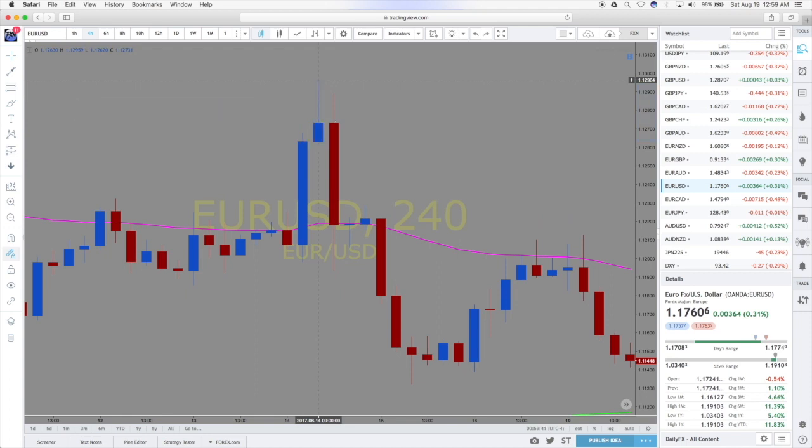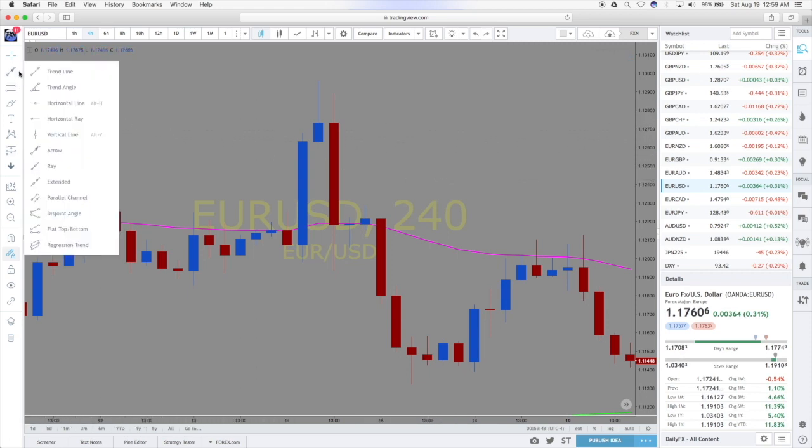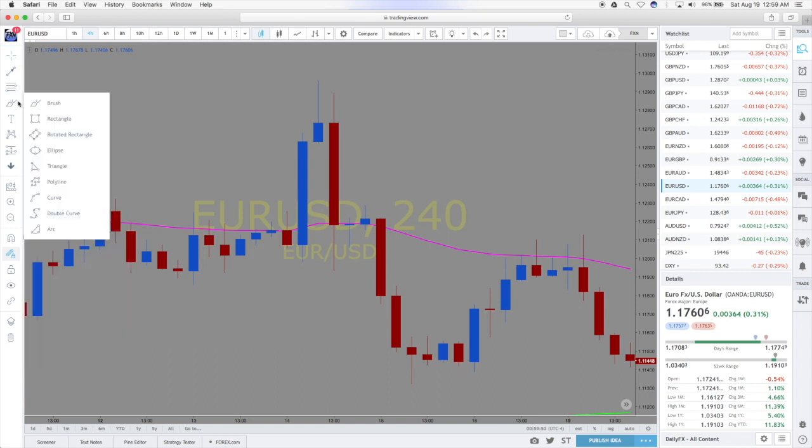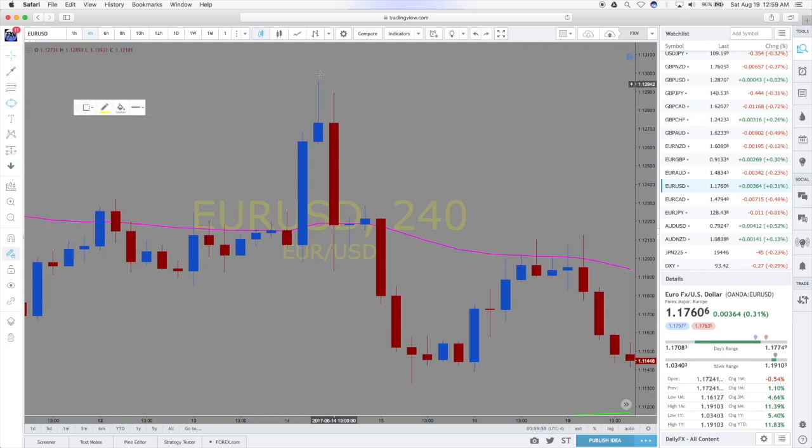Now this particular candle is a price action candle setup as well, because it does give us a signal of a possible reversal coming. And in this example, you can see that the reversal came on the very next candle.